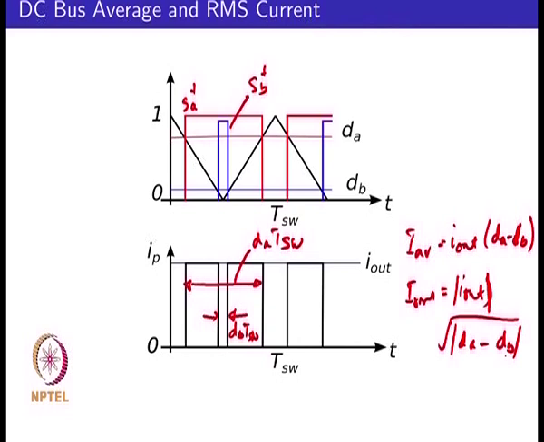So again, this gives the RMS value per switching duration TSW. You could then sum it over all the switching durations in one fundamental cycle to calculate your high frequency RMS currents.